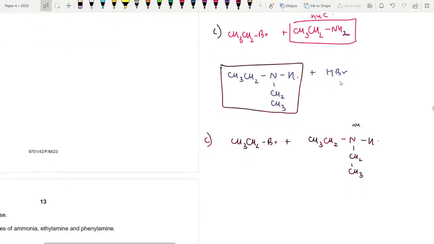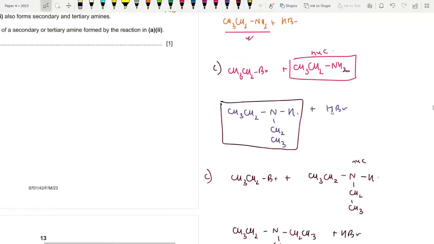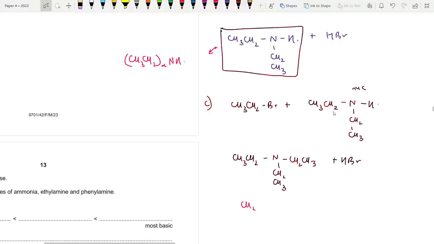It is acting as the nucleophile. What will you get? CH3CH2, N comes in the position, CH2CH3, and here we get CH2CH3. We don't have any H remaining, so this is the end point. Okay, so how can you write this in a short form? You can write this as (CH3CH2)2NH, and here you can actually write this as (CH3CH2)3N. I think that should be fine.